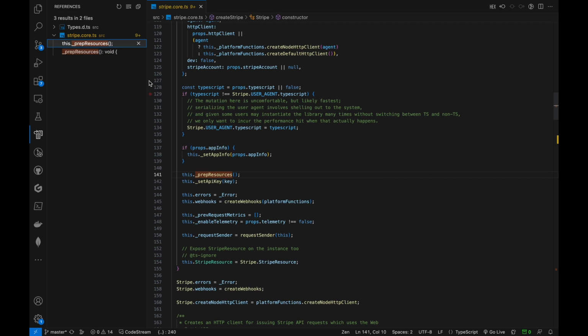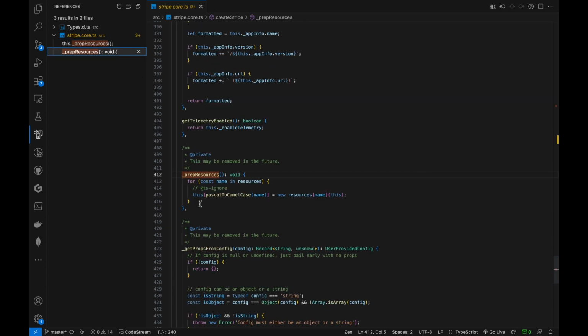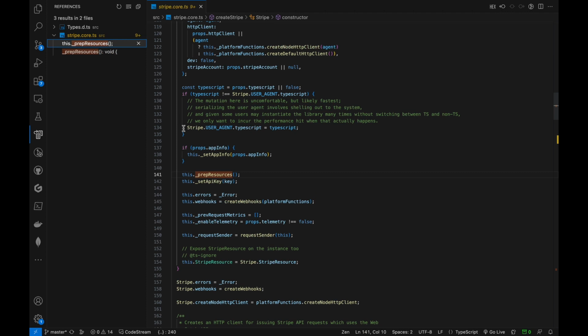Another really interesting bit was how there were loading properties on instance initialization, which meant there aren't any type definitions around most of the code within the SDK. So it was really hard to follow where resources were being defined and how the type definitions for those resources were being added.